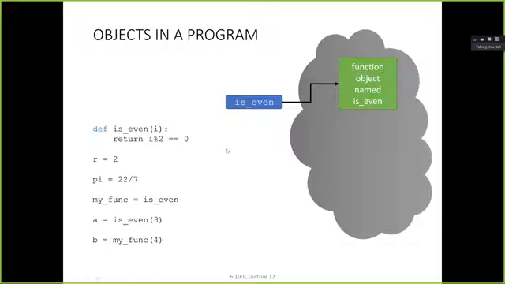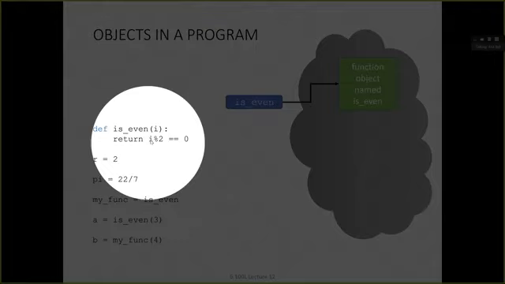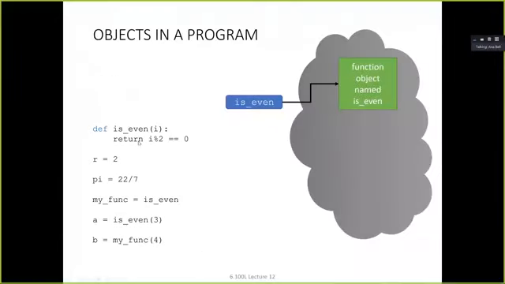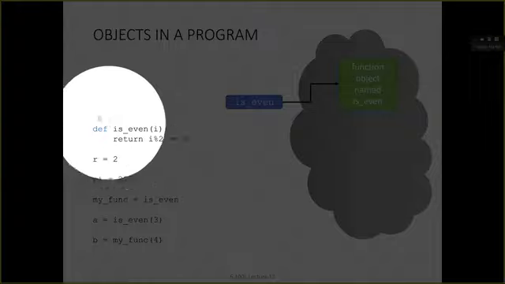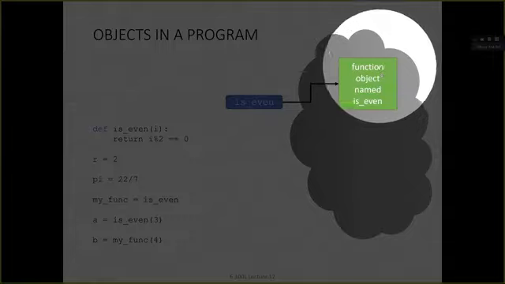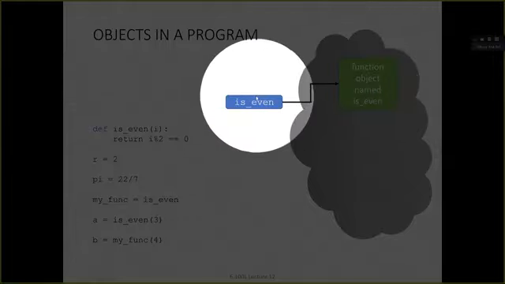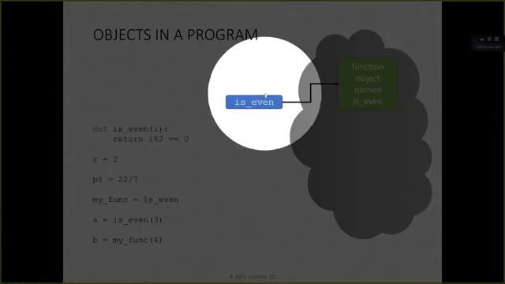As soon as it sees this function definition, Python doesn't care what code is inside here. This code does not run. It only runs when it's being called, and right here I have not made a function call at all. All Python knows at this point is that there's a function object inside memory, and its name is even.